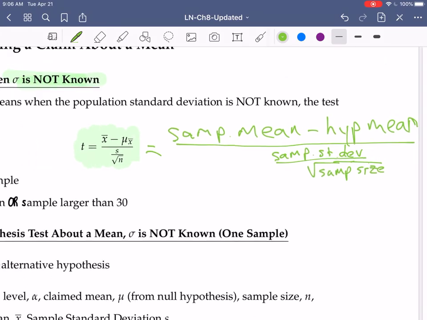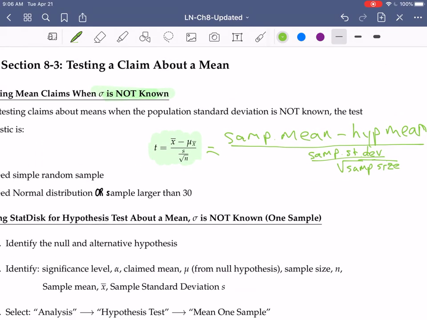So that is how we calculate that test statistic.